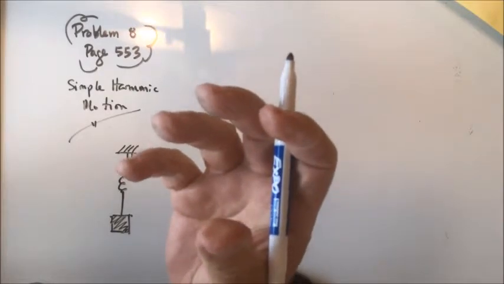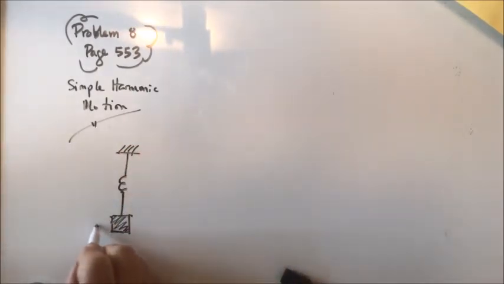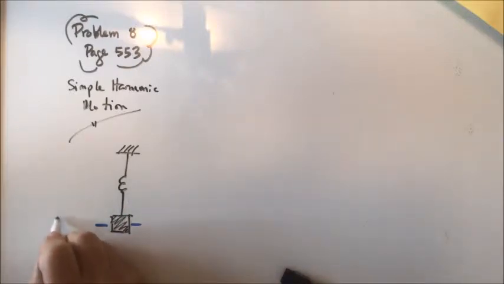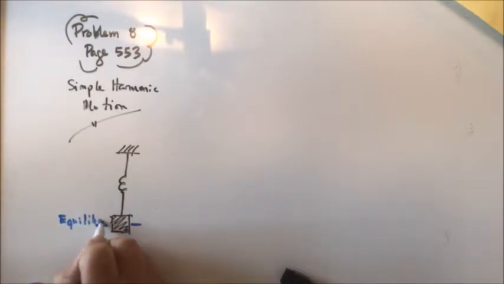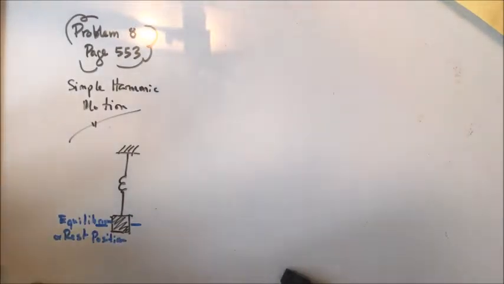If this mass is just hung onto the spring and allowed to hang there, it settles out into this position. This position is called the equilibrium or rest position. It's just the position where the force is balanced.